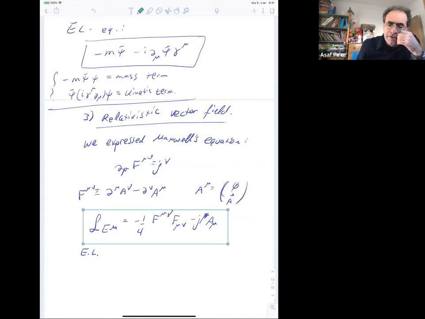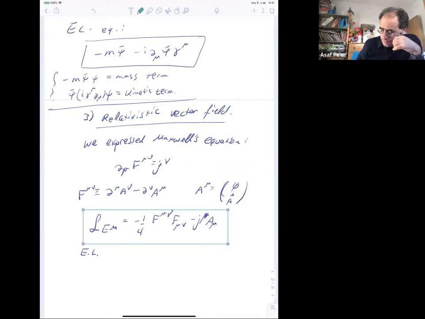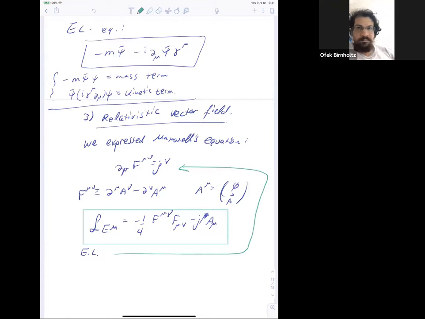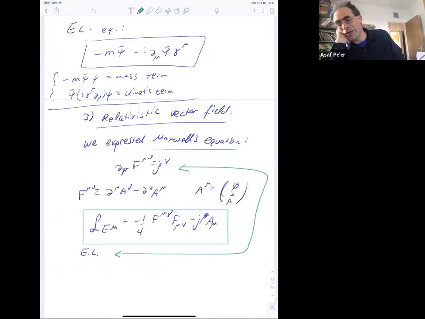What am I going to get if I do the Euler-Lagrange? d mu F mu nu equals j nu, of course. Euler-Lagrange will give back Maxwell's equations. Do it at home, please, just to make sure that you're all with me.